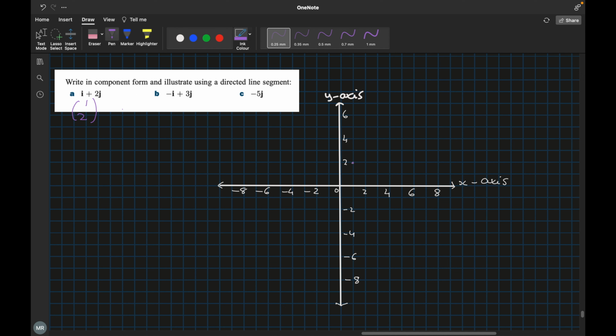So therefore, this is vector A. And now let's look at this. This is (-1, 3).